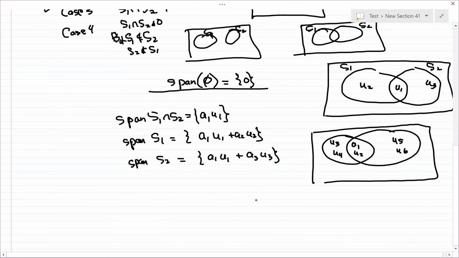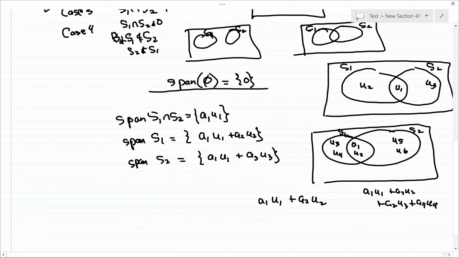The intersection would be linear combinations of these guys, so it would be A1 U1 plus A2 U2, that stuff. That's the span of the intersection. Call this S1 and call this S2. What would be things in the span of S1? A1 U1 plus A2 U2 plus A3 U3 plus A4 U4. That's the span of those guys.